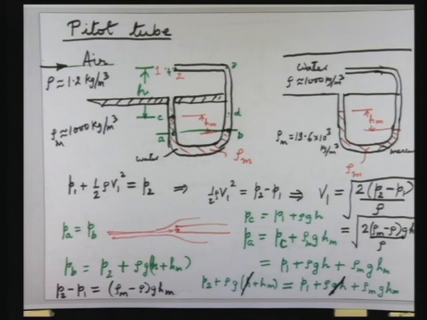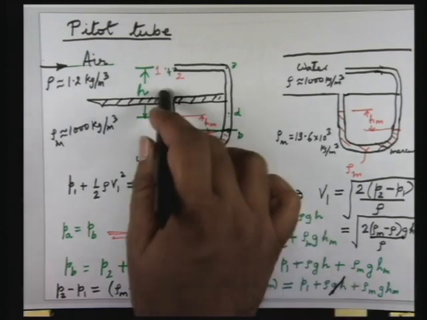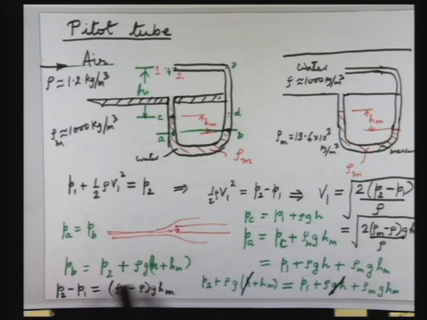For the first case, this rho is negligible compared to rho m, so we can approximate it by rho m g hm. In the second case, when there are two liquids, you should not do it. When one is a gas and the other is a liquid, then you can do it.